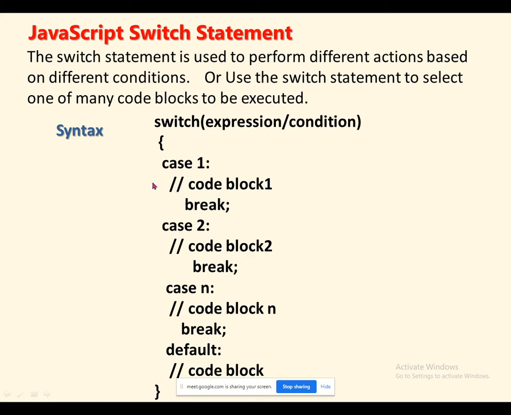If your condition matches case 2, then this block will perform. If your condition is checked up to n but no match is found, then your program will directly jump to the default case.